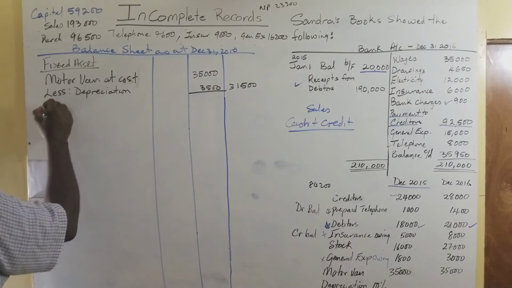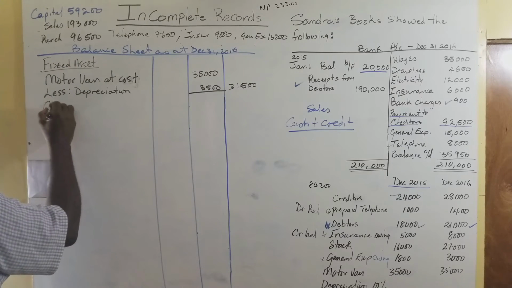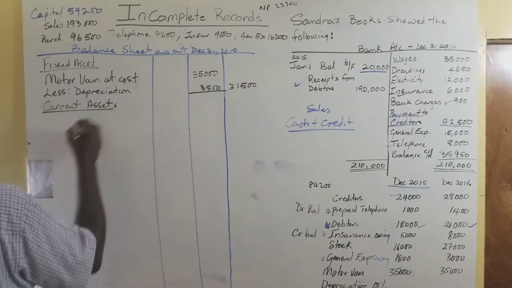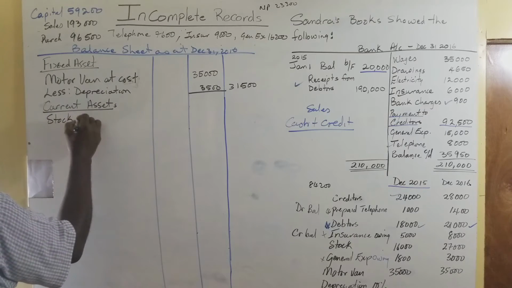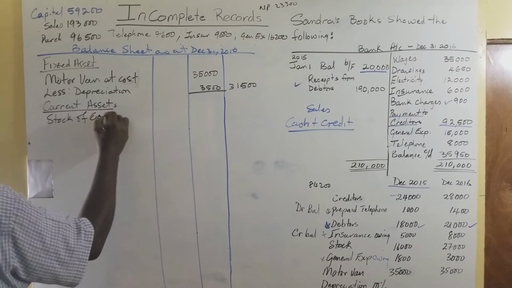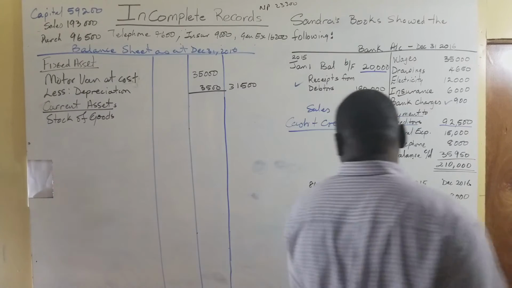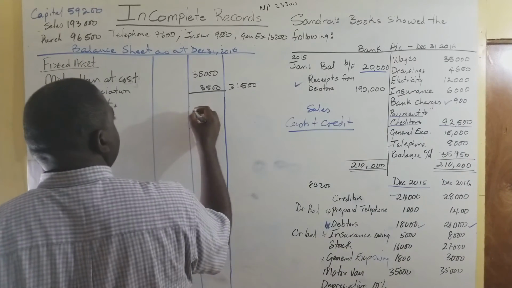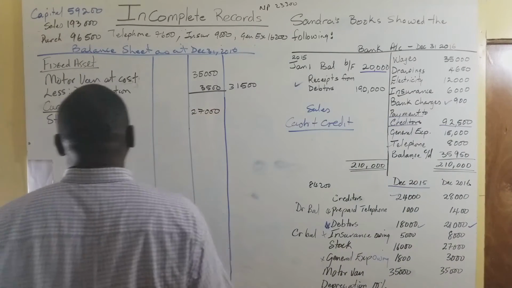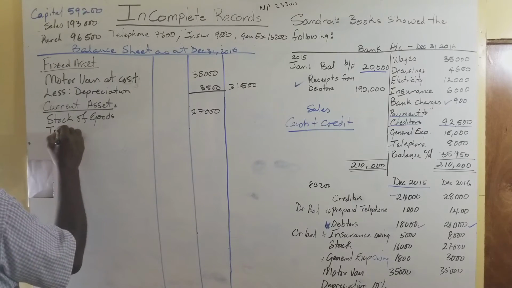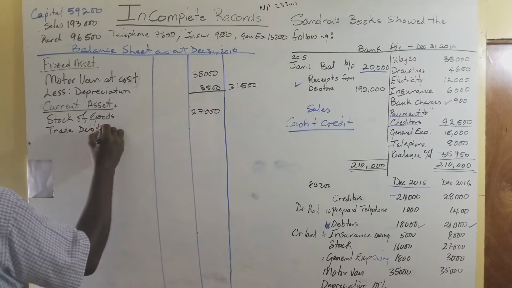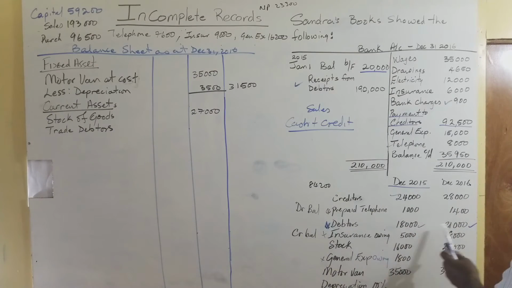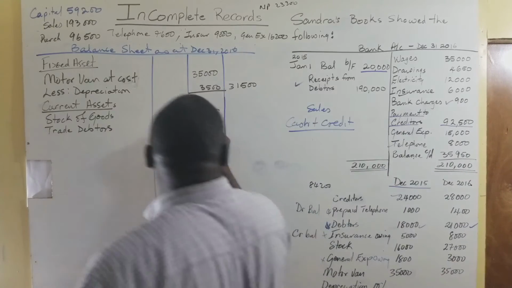So our next move is to do our current assets, and we're starting with stock of goods. And our closing stock of goods now would be 27,000. We then have our trade debtors, and the closing figure we're using now, that is for 2016, the debtors figure would be 21,000.